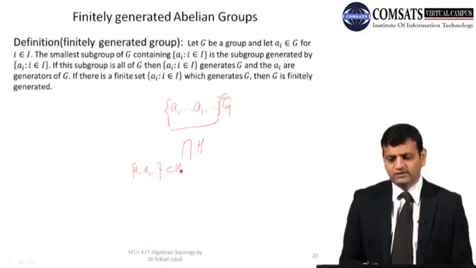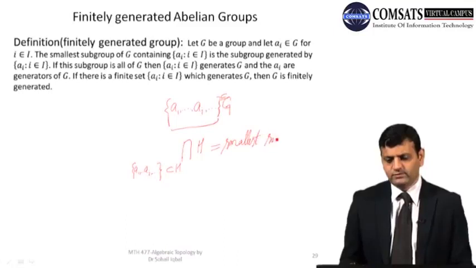So the set of all subgroups of G containing these elements, and then take the intersection of all those subgroups, then this is the smallest subgroup containing a1 up to an.